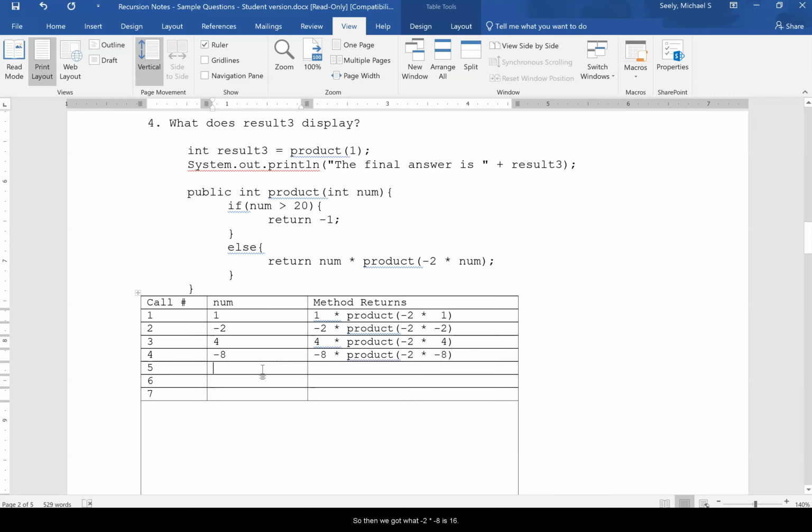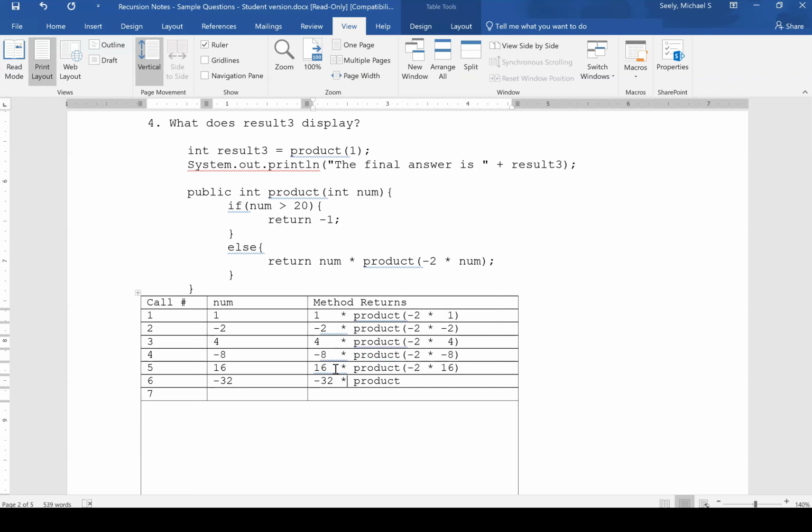So then we got what? -2 times -8 is 16. So we got 16 times product, which is -2 times 16, which gives us what? A -32. And I'm going to move these all over so everything lines up.